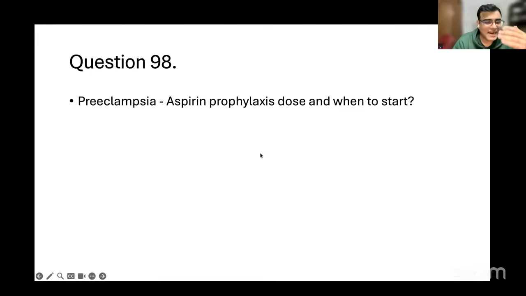You should be starting it before 16 weeks, and it should continue till delivery. Aspirin has been shown to reduce the risk of developing preeclampsia by approximately 17 to 20%. The ACOG guidelines suggest that you start it between 12 to 16 weeks to prevent preeclampsia.